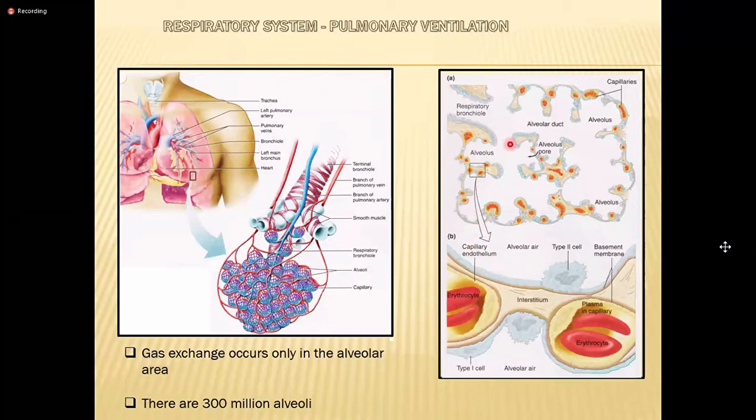Your alveoli is being enfolded. You notice it is being enfolded. Why? One alveolar sac is enfolded like this. That is to what purpose? To increase your surface area, so you'll have more area to exchange your carbon dioxide and oxygen. And these are your capillary endothelium.